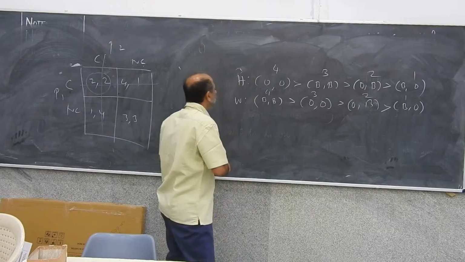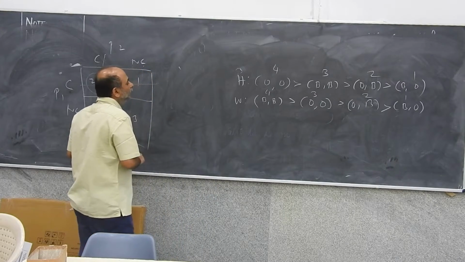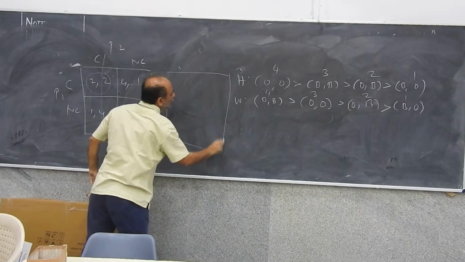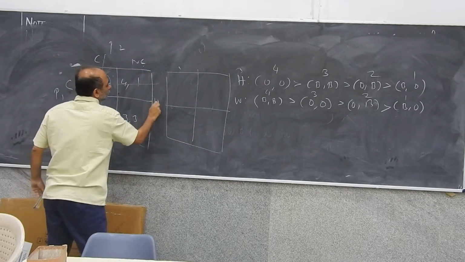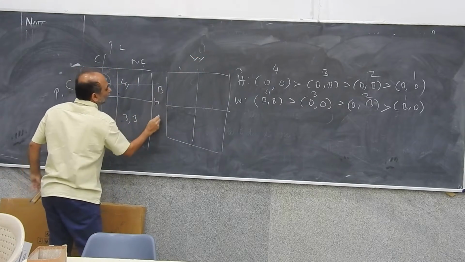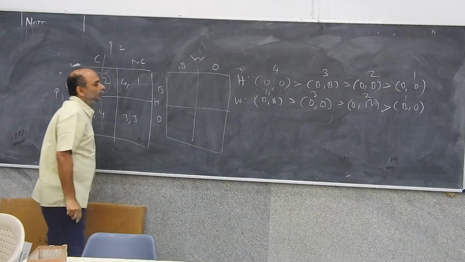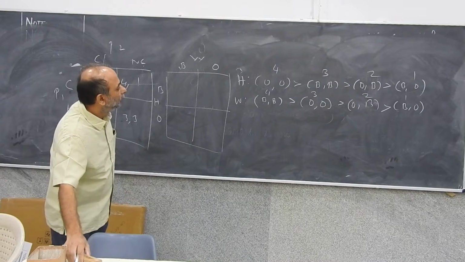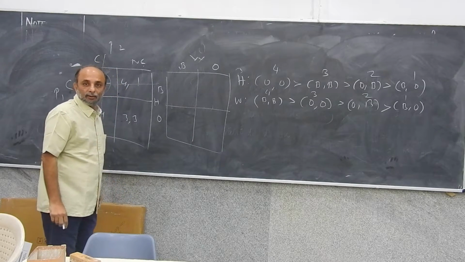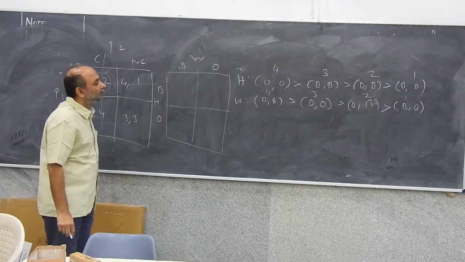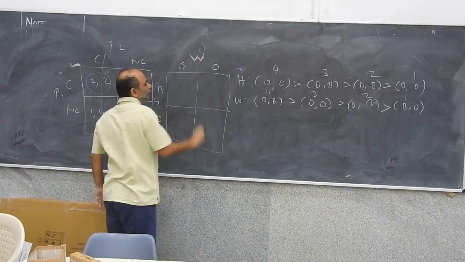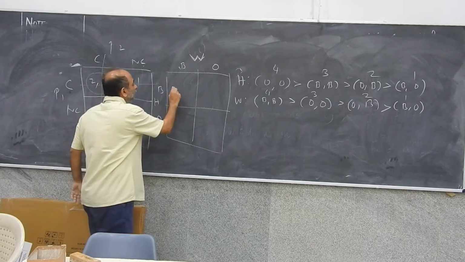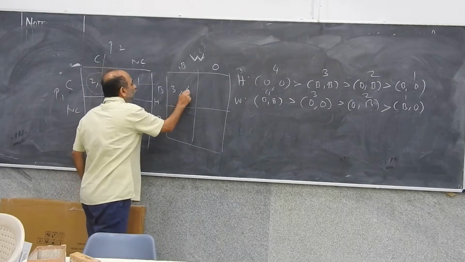Okay, so now let me write this as a normal form game. I'll write this here because I want to compare this. Husband, wife. Boxing, opera. Boxing, opera. If the husband goes for the boxing and the wife goes for the boxing, so it's BB, the husband gets 3 and the wife gets 4.